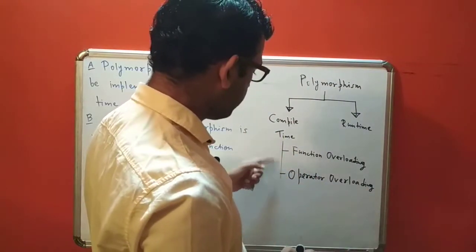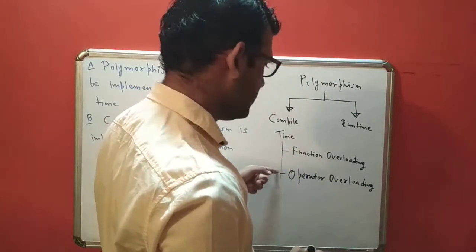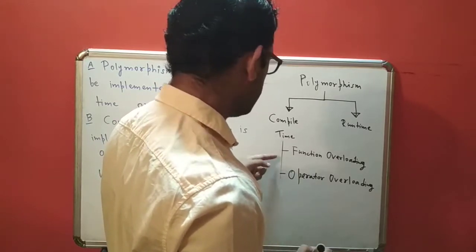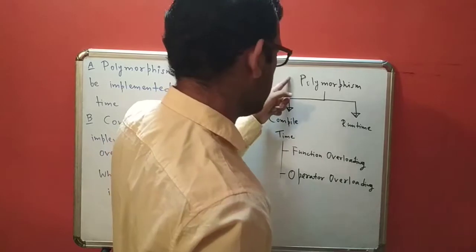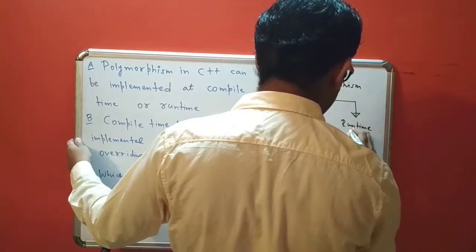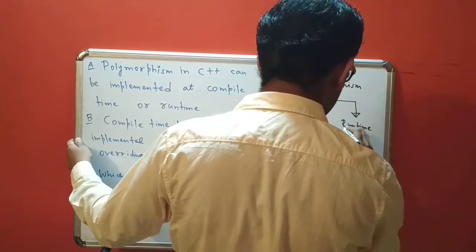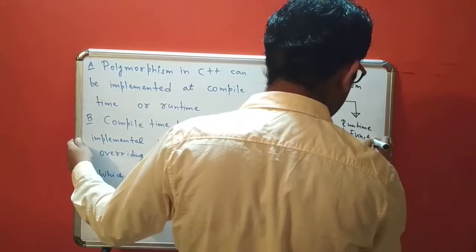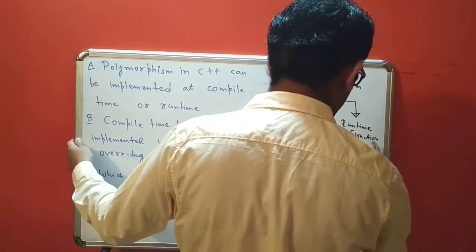Using either of these two programming methods, we can implement compile time polymorphism. And what about runtime polymorphism? Runtime polymorphism is implemented using function overriding.